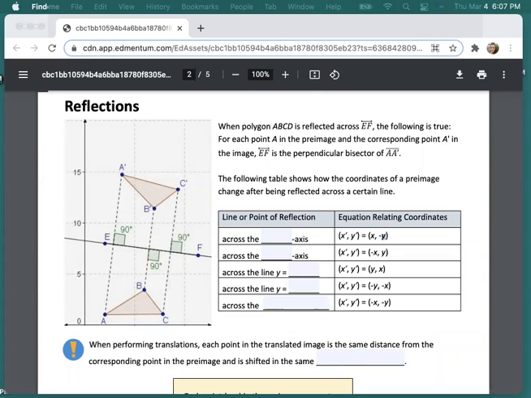So imagine the x values are the same, but the y values are now negative, because we reflected it across the x-axis. Okay, if we're looking at the next one and the x value is negative, that means we're reflecting it across the y-axis. If you reflect it across the y-axis, the x values will be negative.